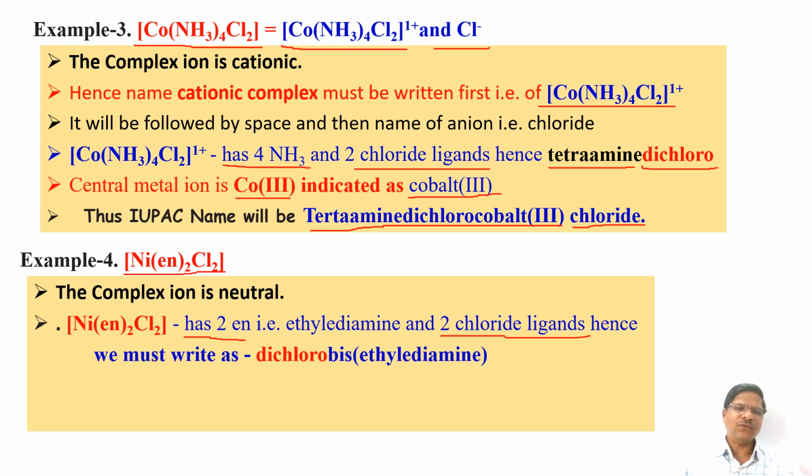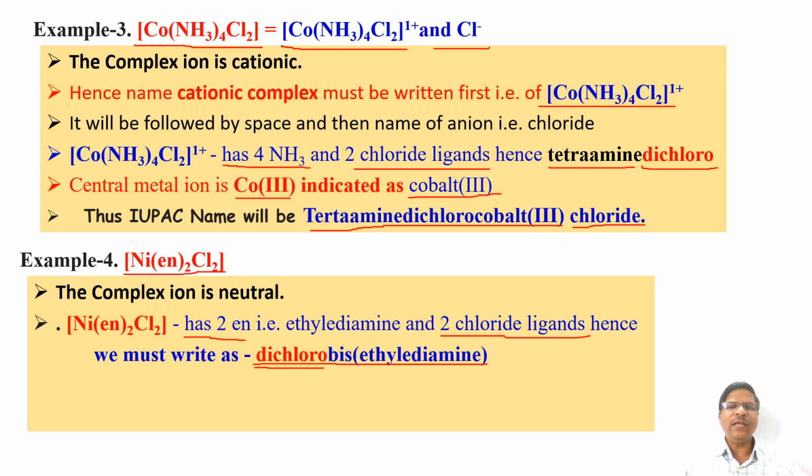We'll write down dichloro bis ethylene diamine. Alphabetically, chloride first, ethylene diamine later. There are 2 chloride ions, hence dichloro.